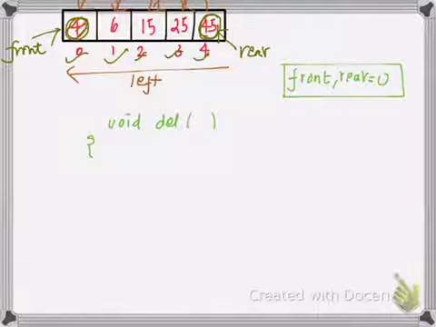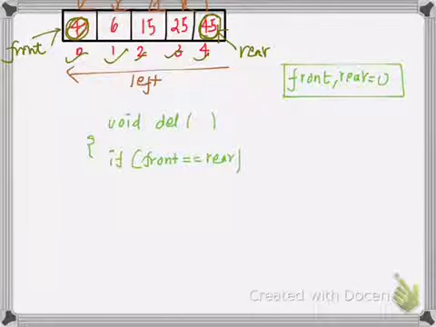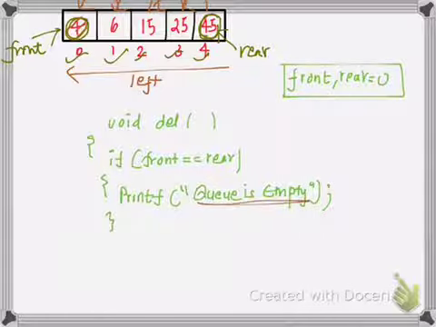This means our queue is empty. So right here we're going to check if our front is equal to rear, then we can give the end user a message saying that our queue is empty. When our queue is empty, we cannot delete any item from the queue.